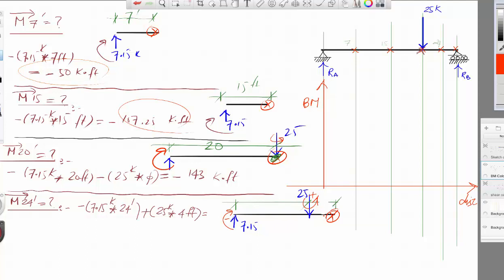So with this we get this value is equal to minus 71.6 kip foot.